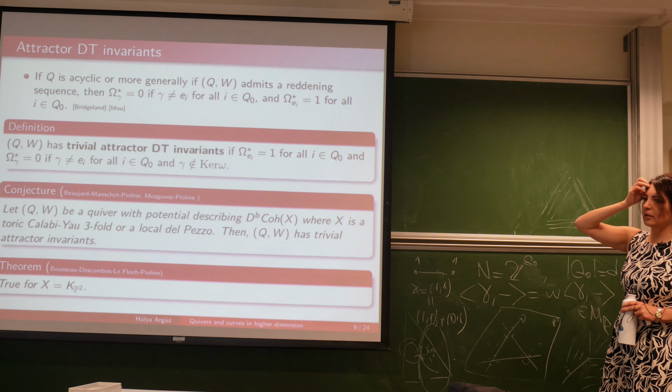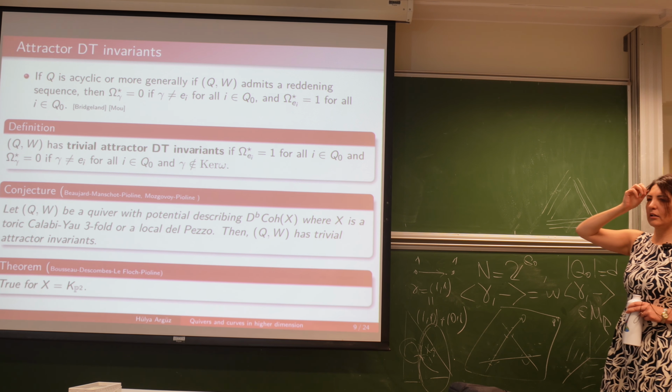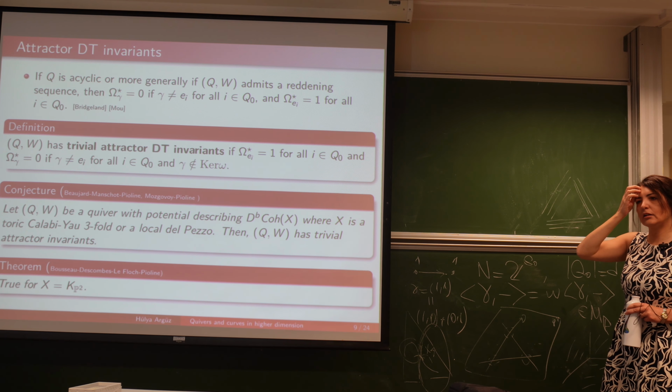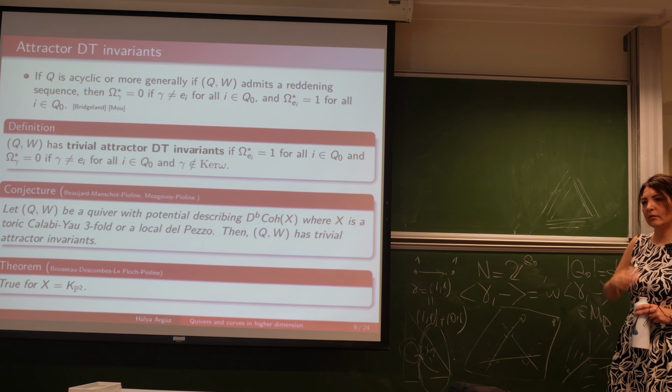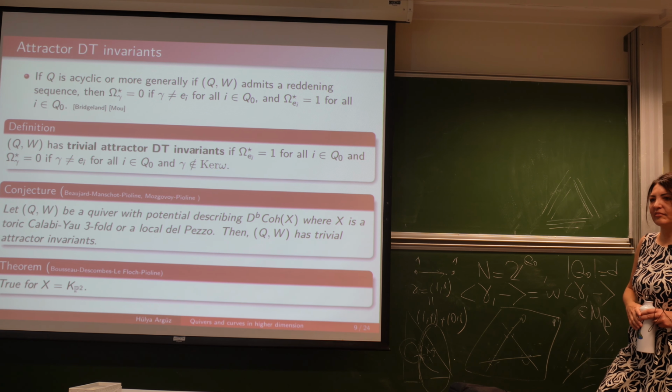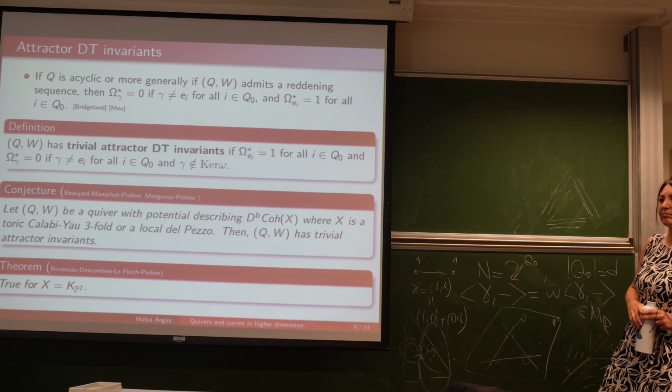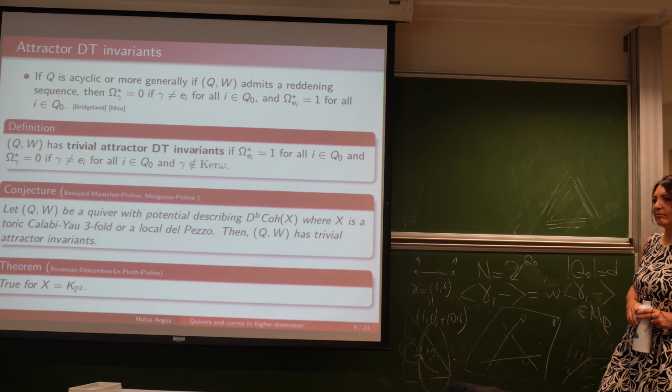So this is attractor points in the space of stability conditions of the quiver. It's like a quiver version of the geometric attractor points. Right, so the analogy is the category of quiver representations here and the Fukaya category.